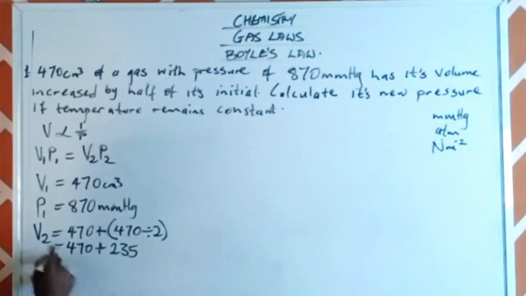So V2 is 470 plus 235, that is going to give us 705. So 705 centimeter cube is our V2.